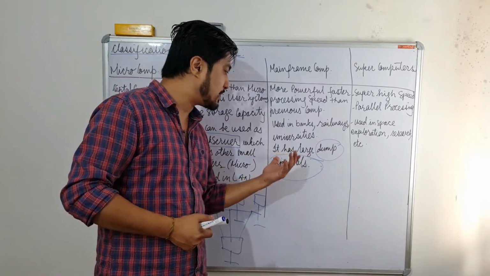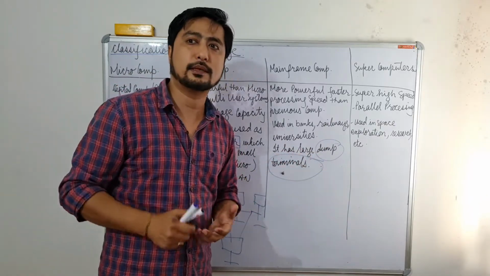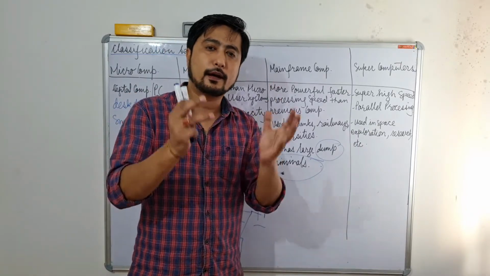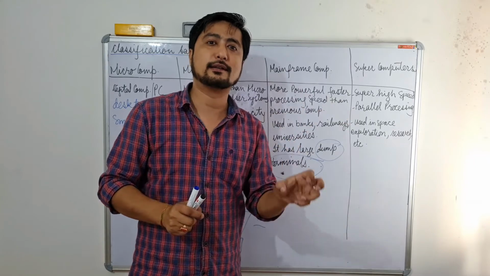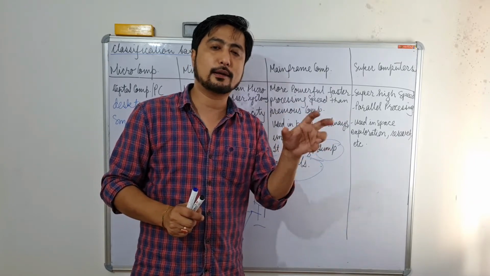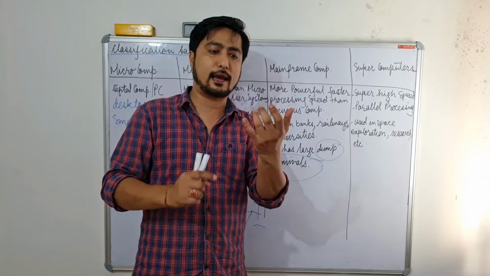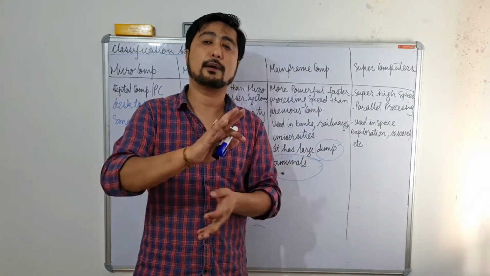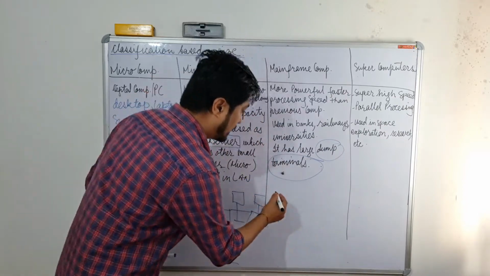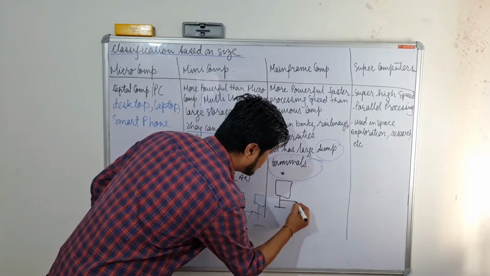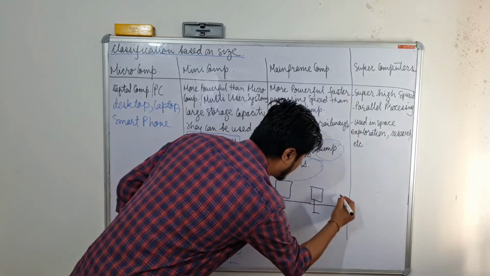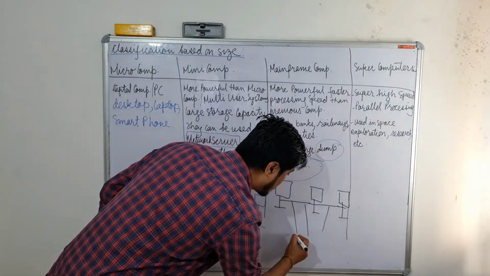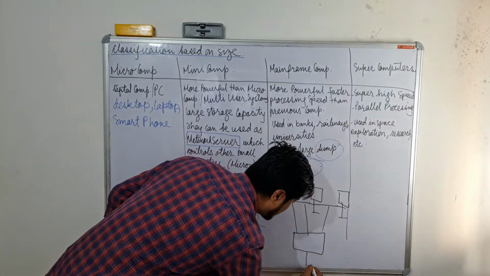And next, it has large dumb terminals. Now what is a dumb terminal? Dumb terminals are the hardware, the computers which do not have a CPU. They have only monitors, keyboards, printers, and other hardware, but no CPU. So it looks like this. This is one dumb terminal, this is another dumb terminal, and this is another dumb terminal, and all these are controlled by a huge, big computer.